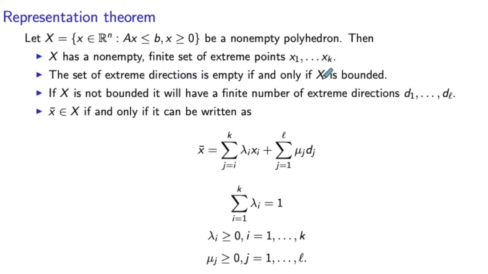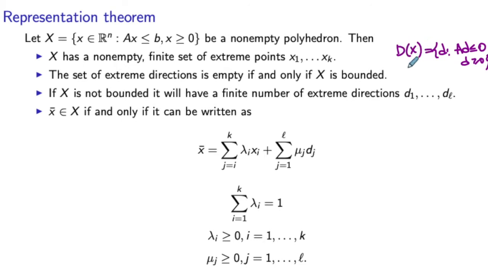Now, if X is unbounded, then there are recession directions, and the recession cone is given by D of X, which is the set of d's such that Ad is less than or equal to 0, and d is greater than or equal to 0.